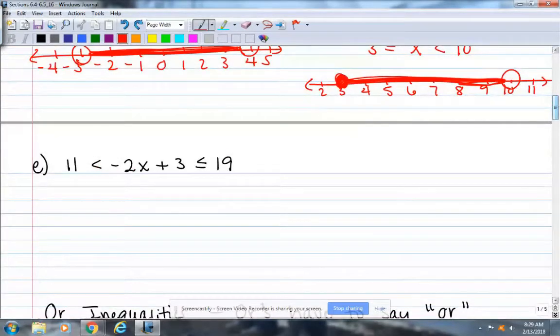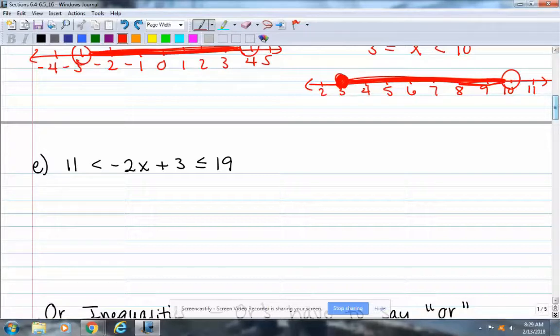Let's do one more, and then we're going to do ors. All right, so how do you think we're going to get x in the middle by itself this time?